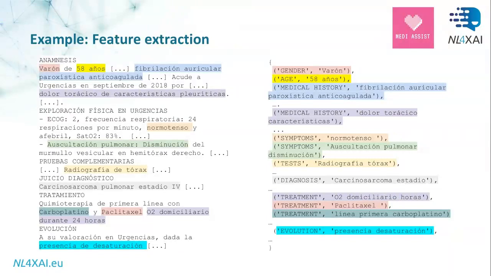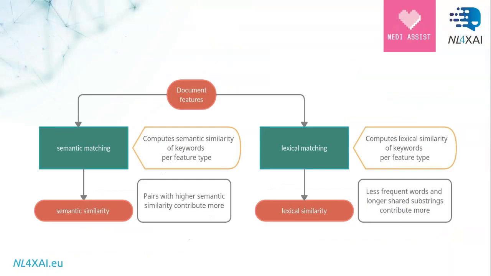And so we can see that it was able to identify a lot of the meaningful keywords of this document. And then these keywords are passed further to the feature matcher, which, given two sets of keywords from two different documents, computes a semantic similarity and a lexical similarity score.